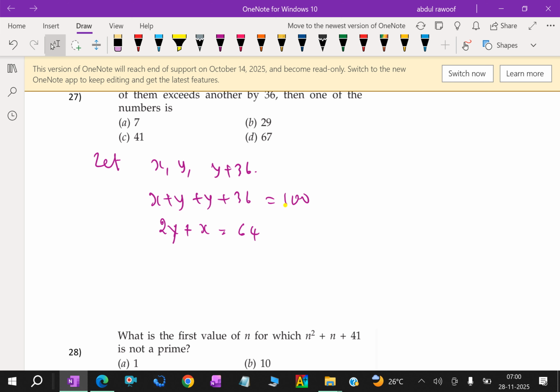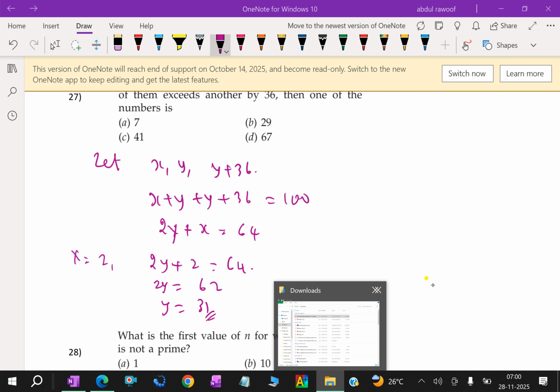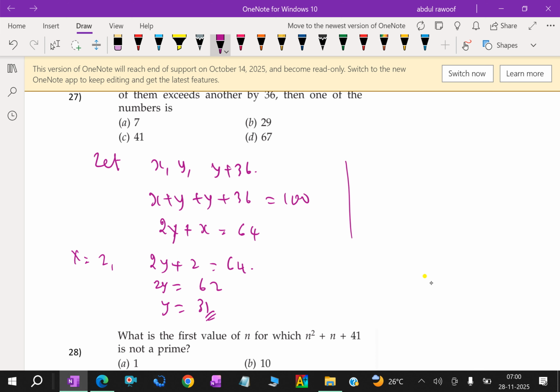So suppose X is 2. First, suppose the first prime is X equal to 2. Therefore, 2Y plus 2 equals 64. Then 2Y equals 62 because minus 2, then Y equals 31. So 31 is the prime. From that we get Y. X is what now?